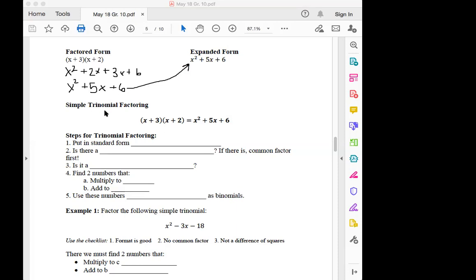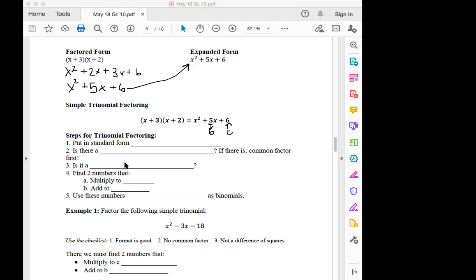So when we have a trinomial form, that means that there's 3 terms in our expression or equation. So here is this value right here, this number right here, not with the x, but just the value, is b. Okay, and then this guy is c. So this is just for future reference.